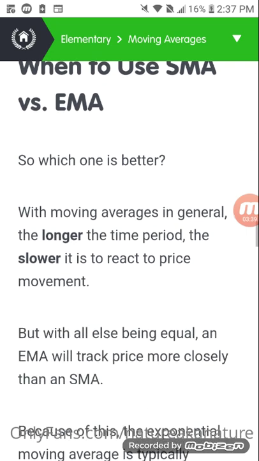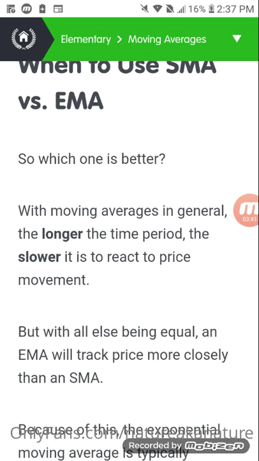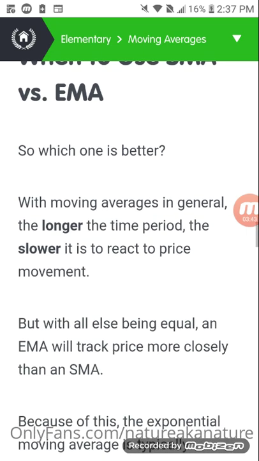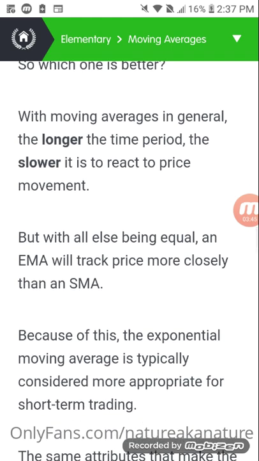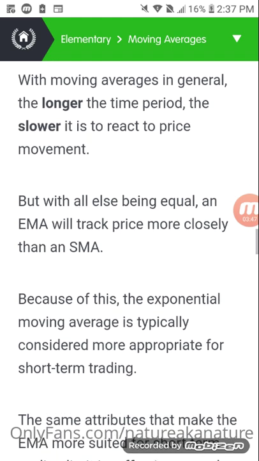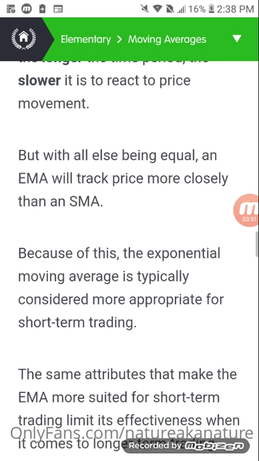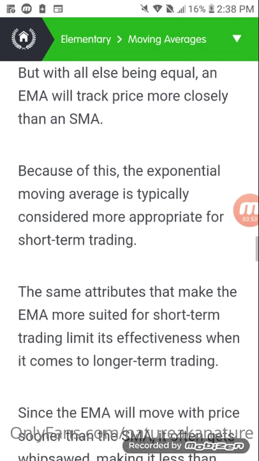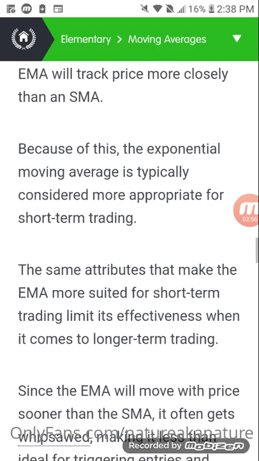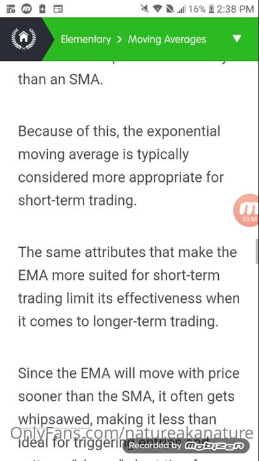So when to use the SMA and the EMA? Which one is better? With moving averages in general, the longer the time period, the slower it is to react to price movement. With all else being equal, the EMA would track price more closely than the SMA. Because of this, the exponential moving average is typically considered more appropriate for short-term trading.